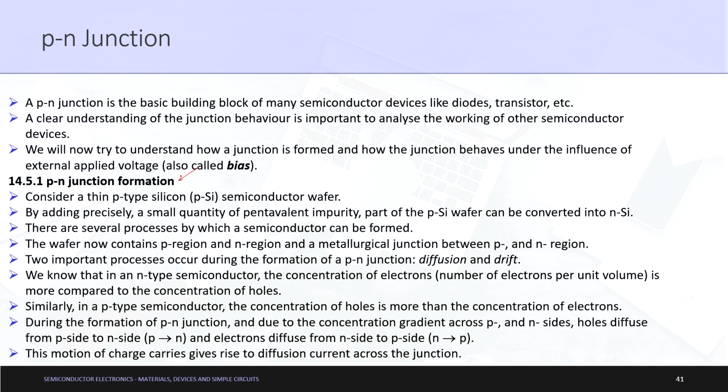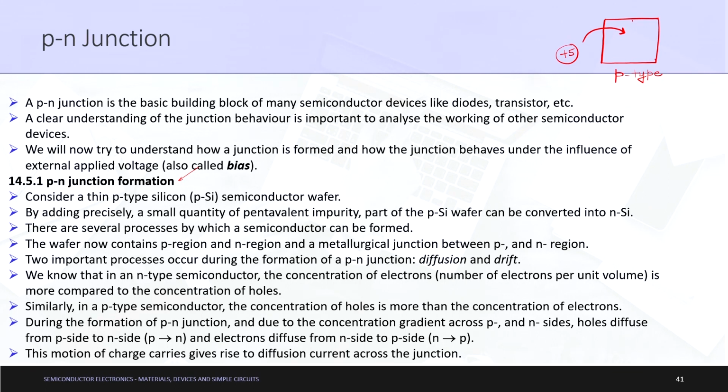In the last part we understood that for the formation of a PN junction, we took a thin P type semiconductor silicon wafer. This is your P type wafer. By adding precisely a small quantity of pentavalent impurity, that is a +5 impurity, part of the P-Si wafer can be converted into an N-Si.